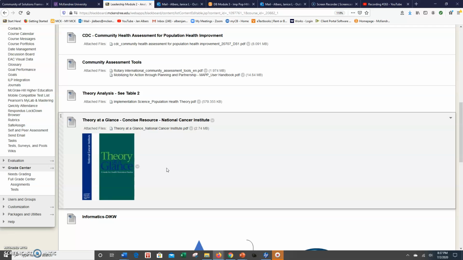So this is a nice snapshot of the different theories that they may want to choose to analyze and to use for the remainder of this course. So again, you may want to just pop into this resource with them to go through some of those theories and to kind of highlight some of those very popular theories in health promotion.